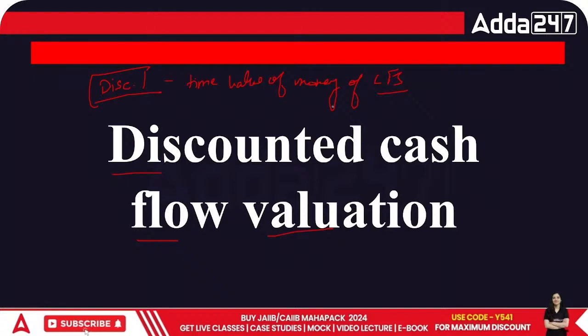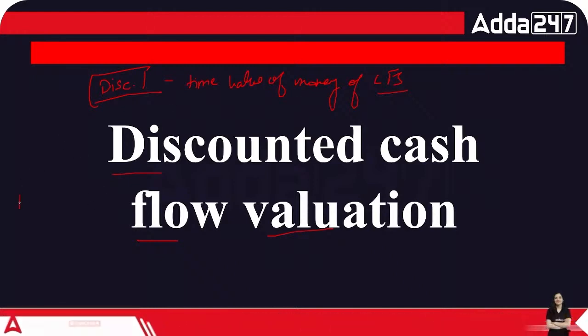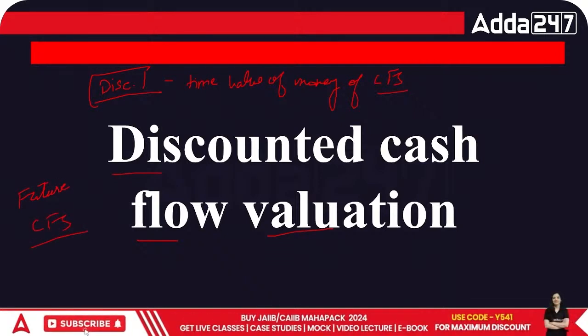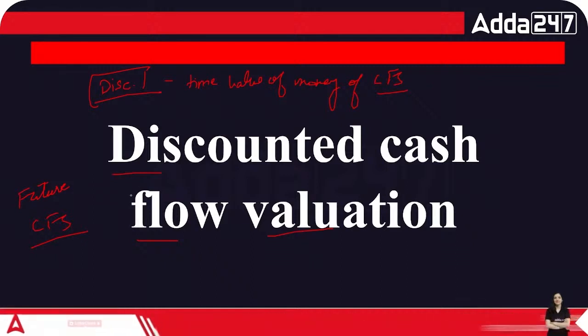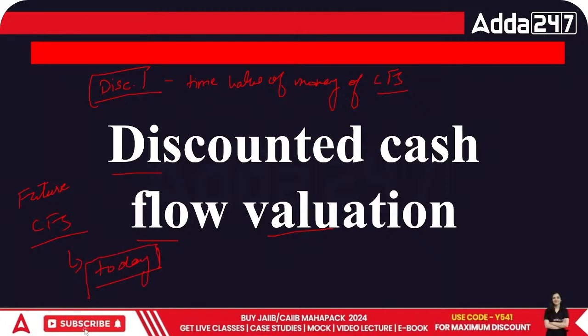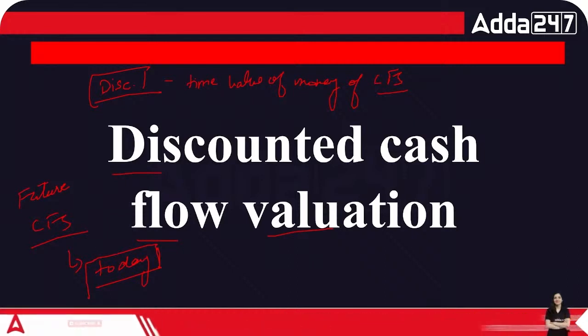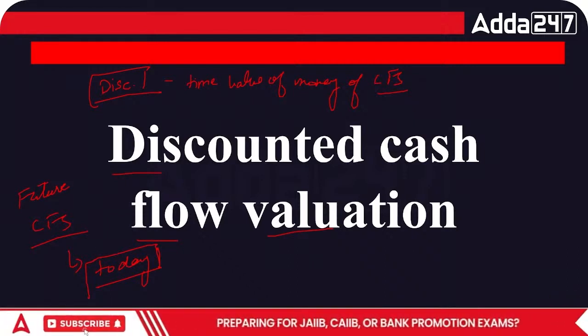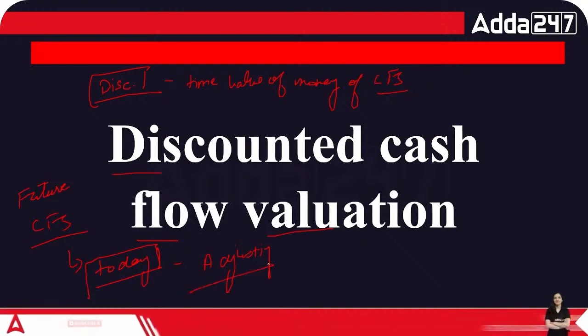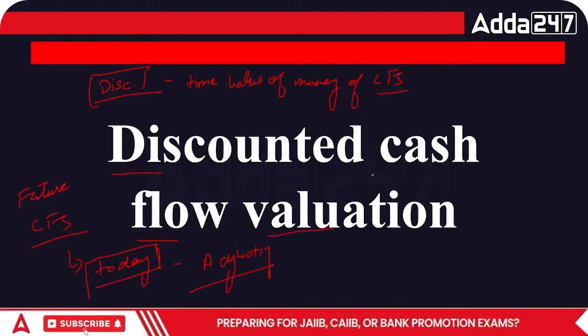The context of using time value of money is that we have future cash flows, we do not have present, and then from the future cash flows we have to find the value as per today. If we have to find the future value as per today, then obviously we cannot find the futuristic value without adjusting it, and that is what the discounted cash flow valuation talks about.